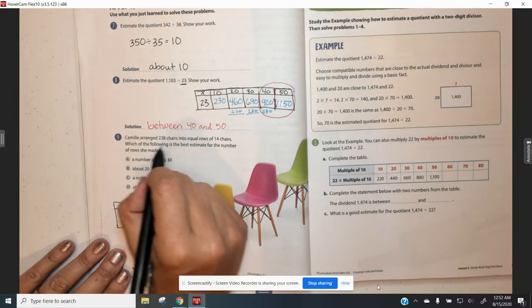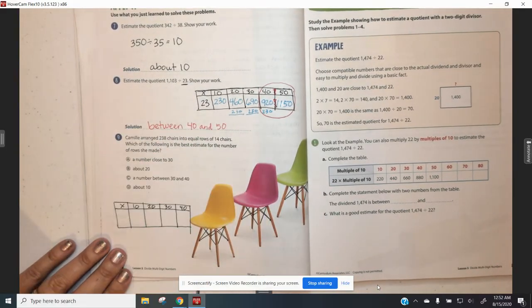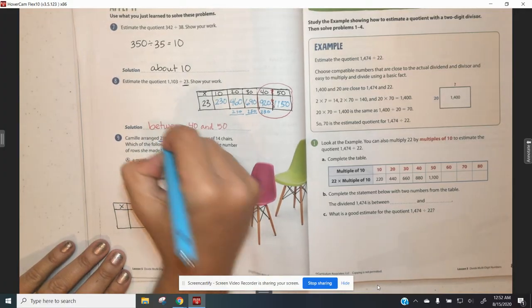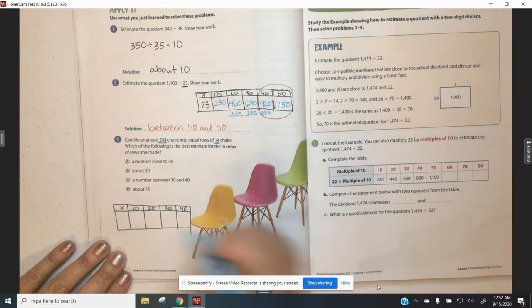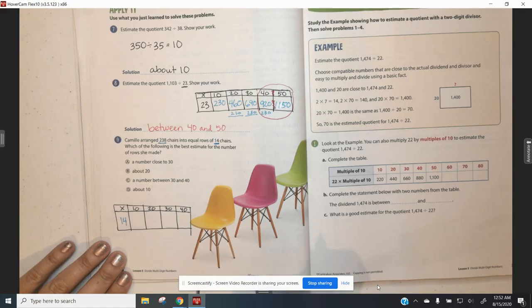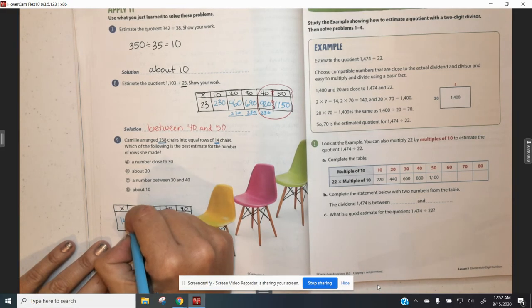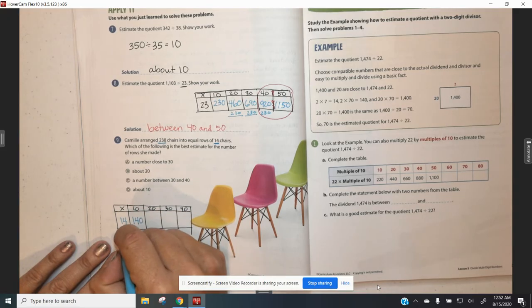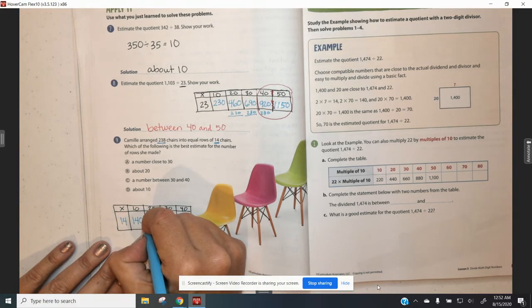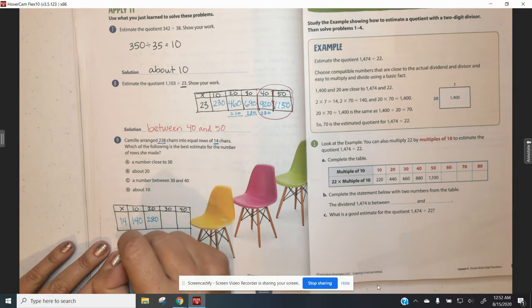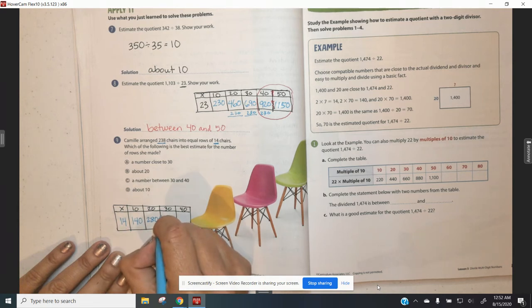So if we're trying to get up to 238 and we have rows of 14, 14 is going to be our divisor. So 14 times 10 is 140. 14 times 20 is 280.